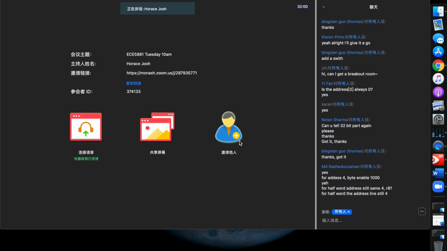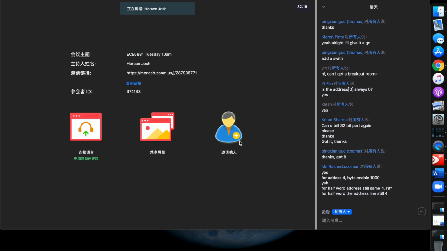For a 32-bit bus, which is in lab 2, you are accessing some or all of any word that's in memory, and all the words in memory are aligned so that they will all start at some multiple of 4.